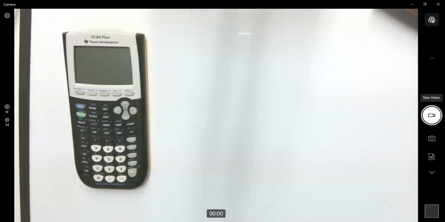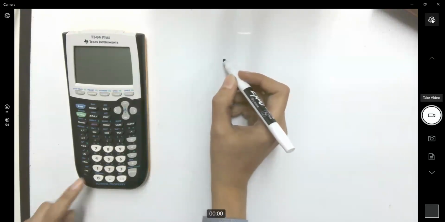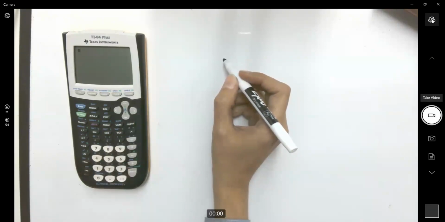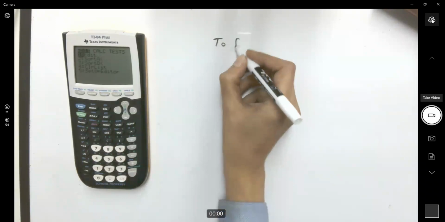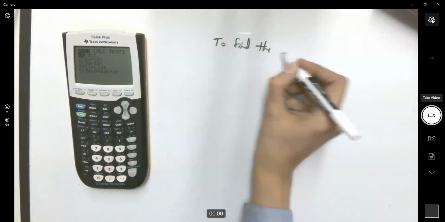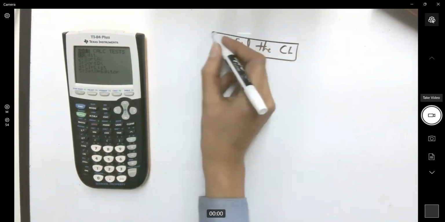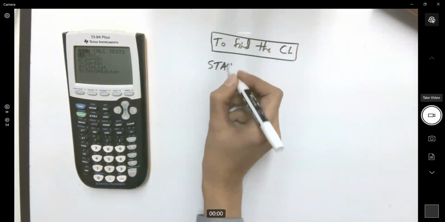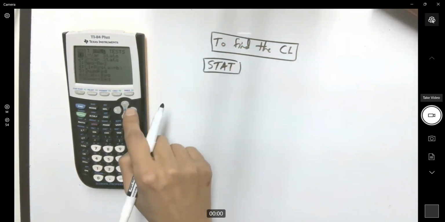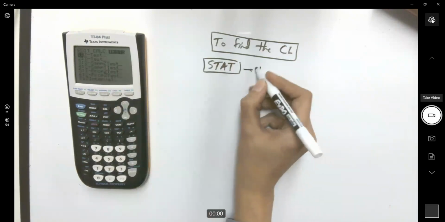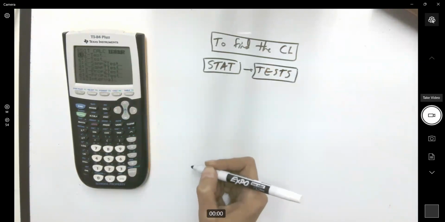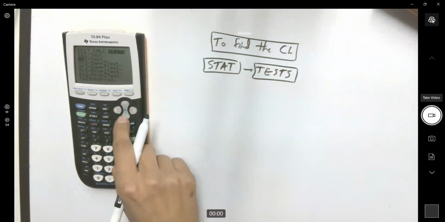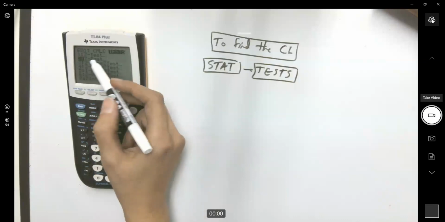First of all, turn on your calculator. You need to go to stat. Go to tests. Then you need to find your interval. So check each one of these separately.